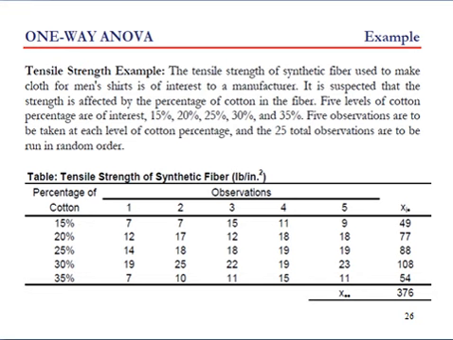So I have here different percentages of cotton: 15%, 20, 25, 30, 35. So here my A is 5, because 1, 2, 3, 4, 5. My small n here is also 5, because I am taking 5 observations for each level or each treatment.